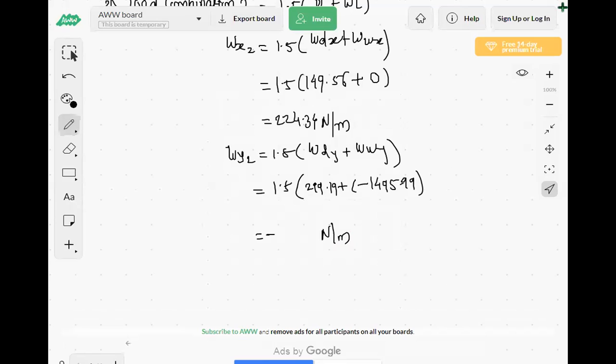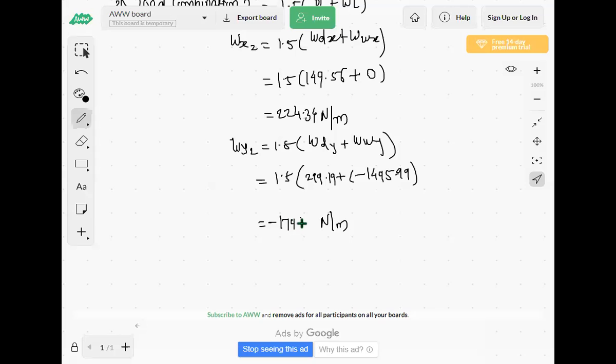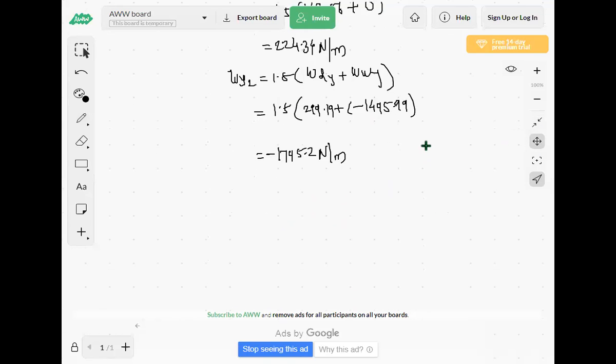So it will be negative 1795.2. So the load combination of dead load and wind load with the y component is negative 1795.2 Newton per meter. So this is the second load combination.